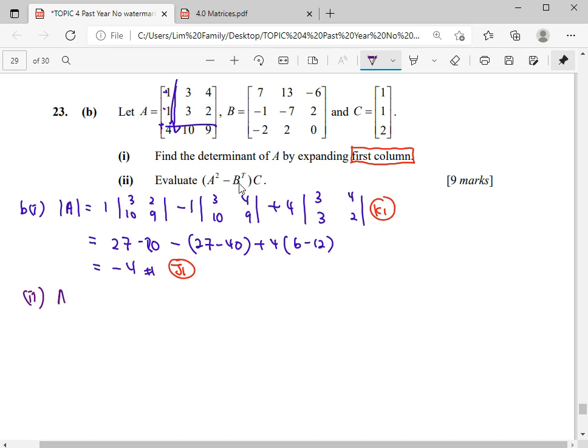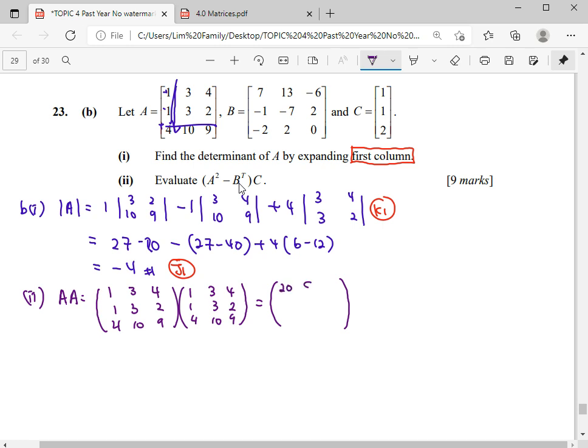Firstly, I do A squared. A squared means A times A. So perform the multiplication of matrix A times matrix A. This will give us, of course you do your table.